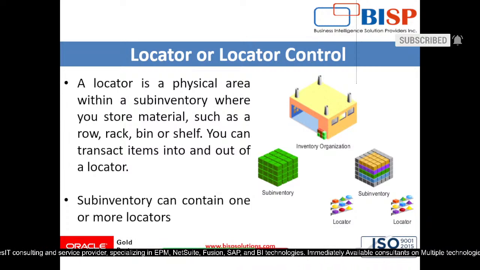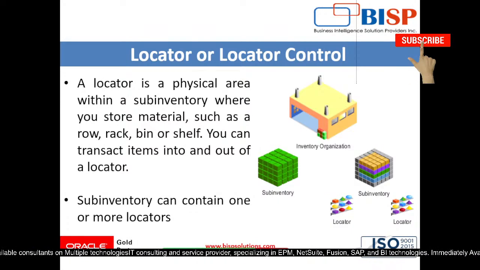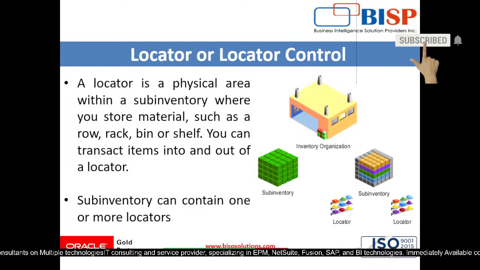A locator is a flex field in Oracle Fusion application, and as we see in the chart of accounts, structure, accounts and the department, the same is the case in the inventory application. With the help of the locator flex field, we can create the row, racks, bin, or shelf in our inventory application. For that, first we have to create inventory value sets in our application.